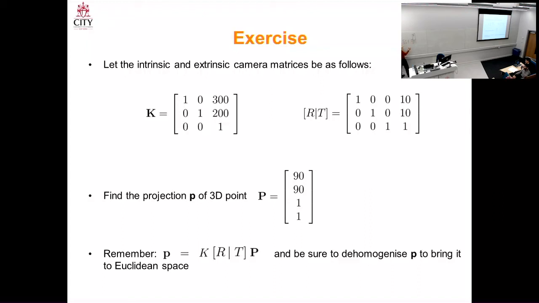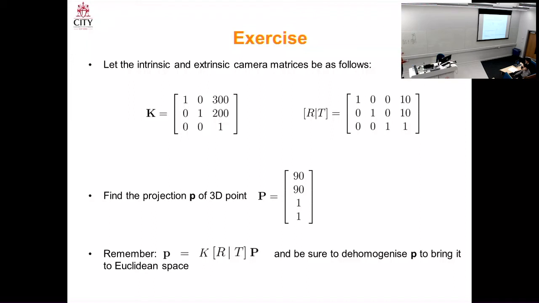The 90 times zeros are just 0, and then I've got 1 plus 1 gives me 2. So what we've done here is we've taken this homogeneous 3D point and multiplied it with the extrinsic matrix. Now we're actually in camera coordinates. This is a point in world coordinates, this is in camera coordinates. We're not done yet though, because we also have to multiply by the intrinsic matrix.